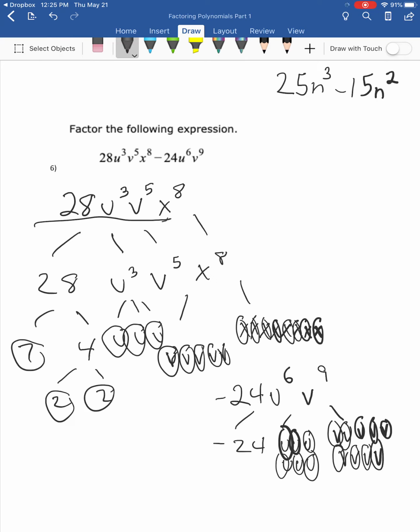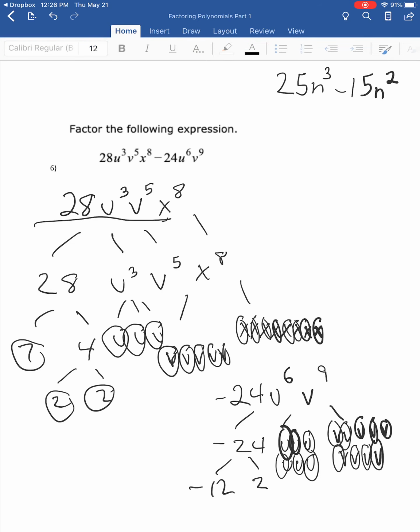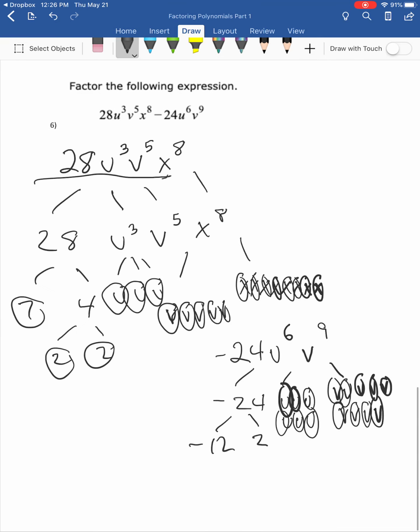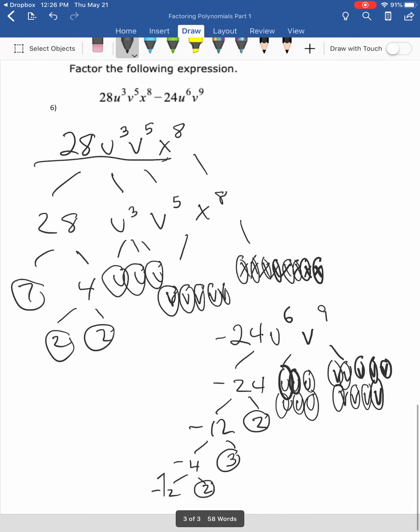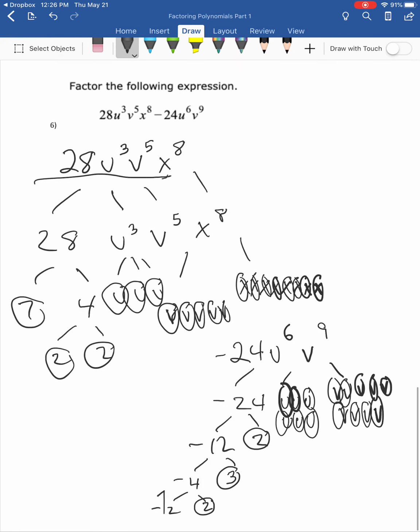All right, then negative 24 is not a prime, of course, so we're going to go negative 12 times 2. And then 2 is a prime, negative 4, 3, 3 is a prime, negative 2, 2, 2 is a prime, and then I'm running out of space.